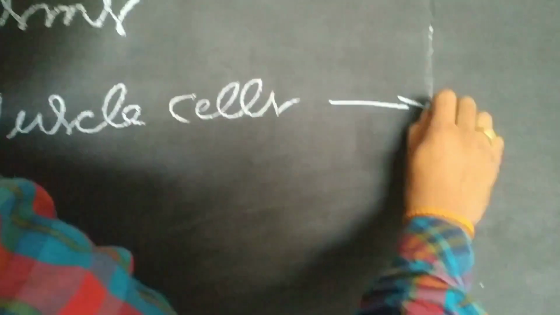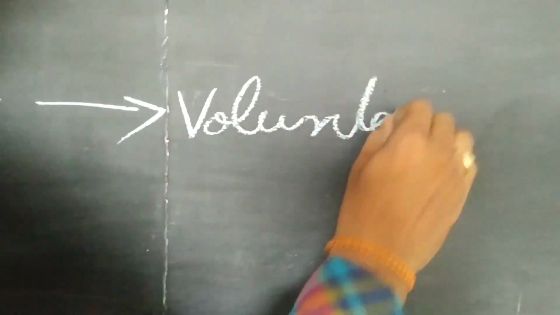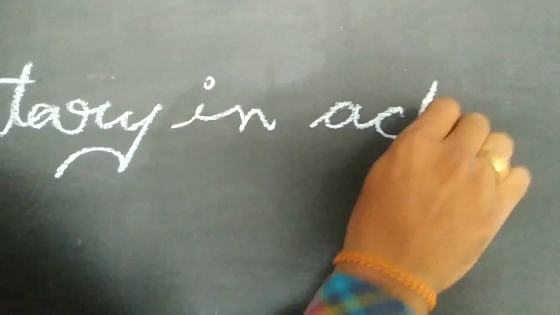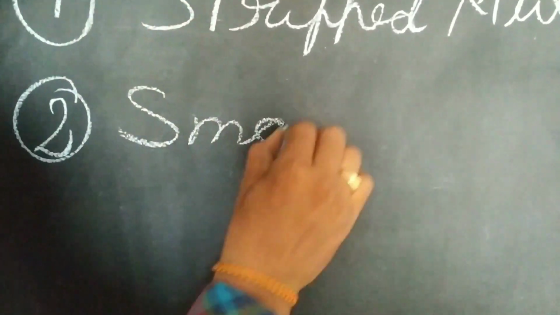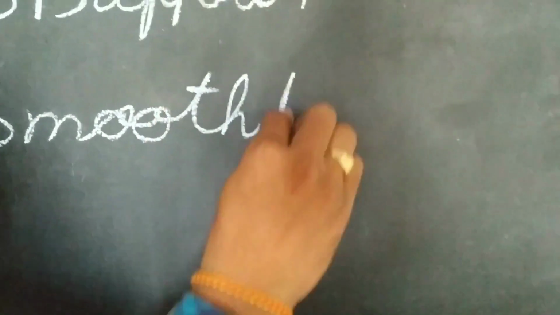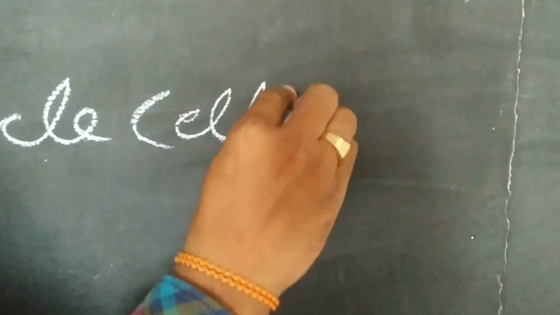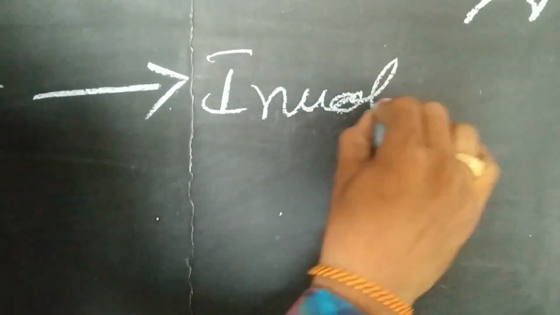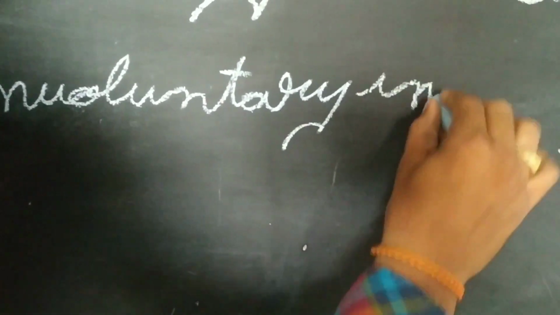Its function is voluntary in action. The second one is smooth muscle cells. Its function is involuntary in action.